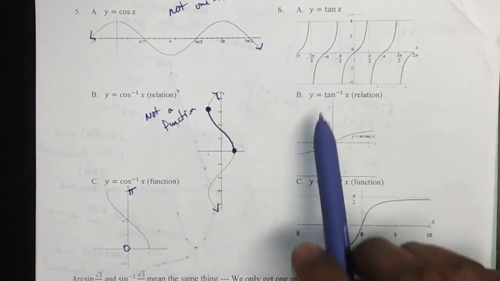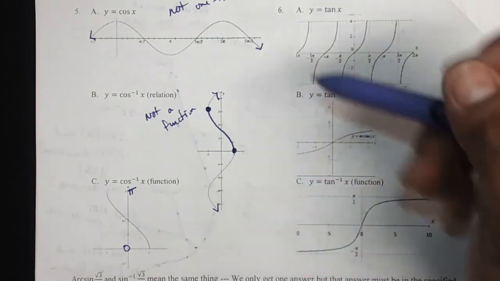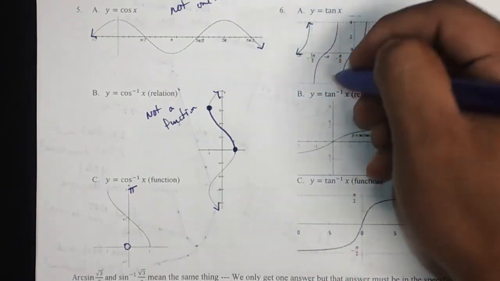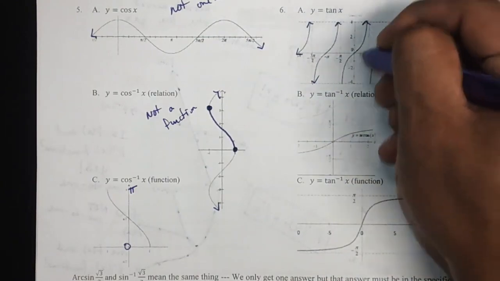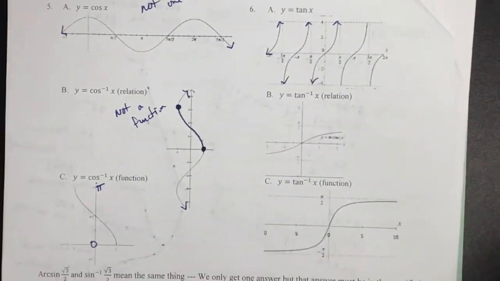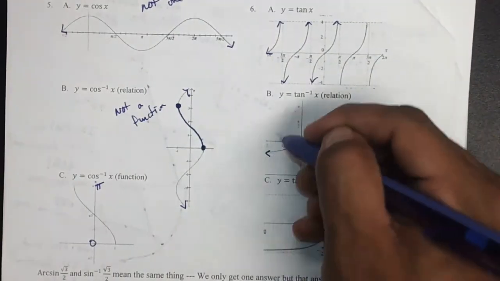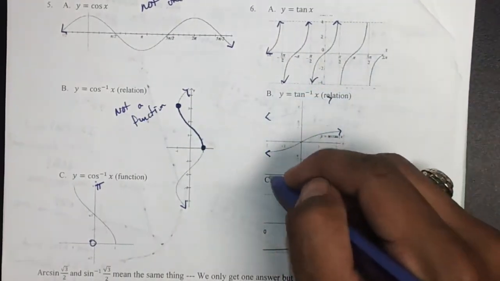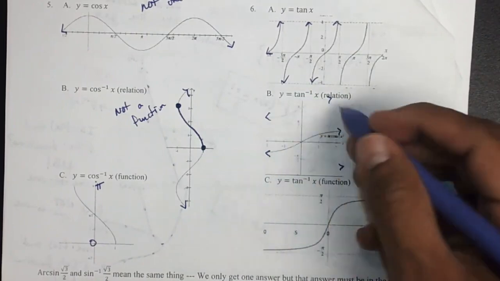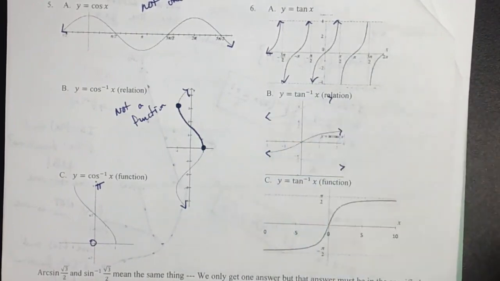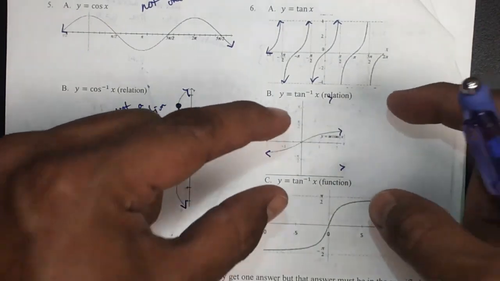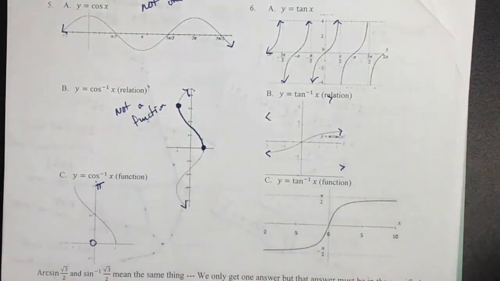What about tangent? Tangent, same idea. If we're talking about the function that repeats forever, all of these just keep going over and over again. And if we flip everything over, we end up getting these graphs where this inverse is not a function. So we need to take one continuous piece of the graph in order to make it one function.